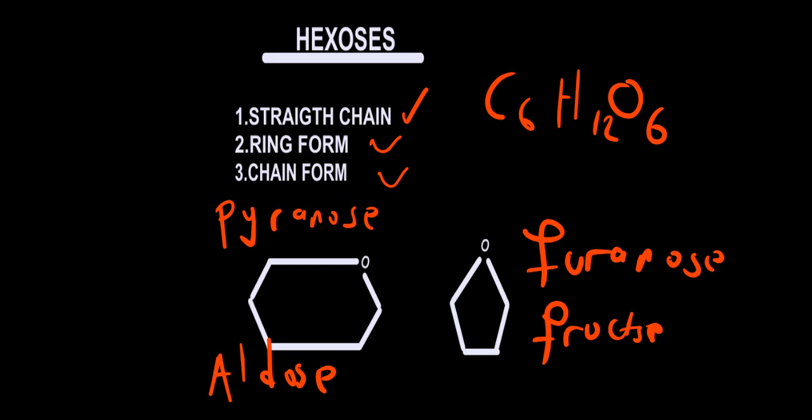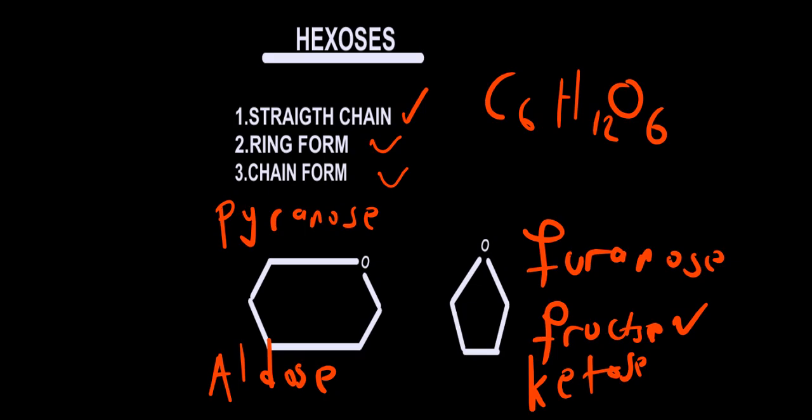Then furanose rings are stable in ketoses. In this case, an example is fructose. So those are the things.